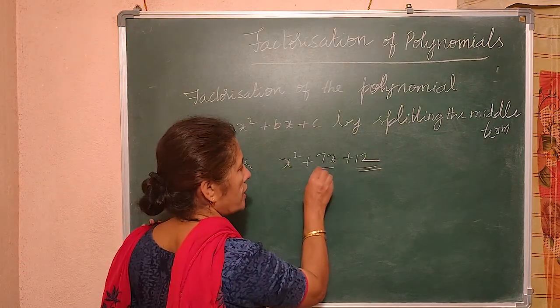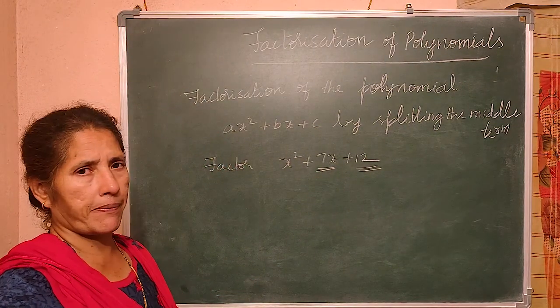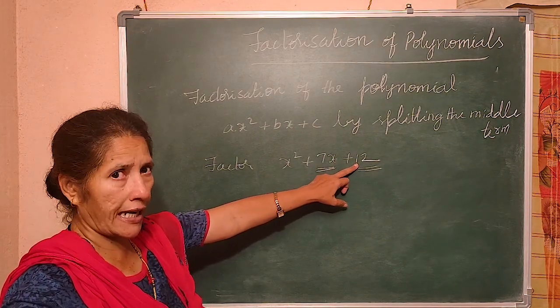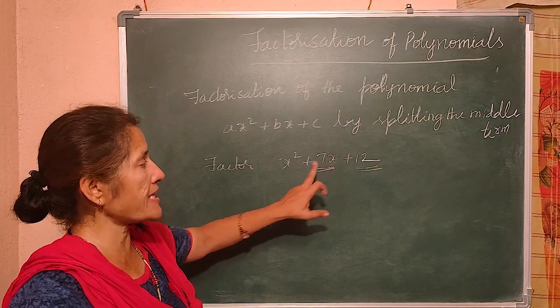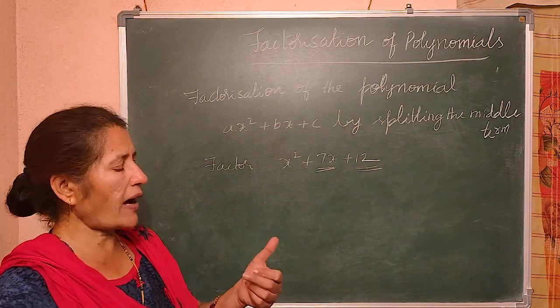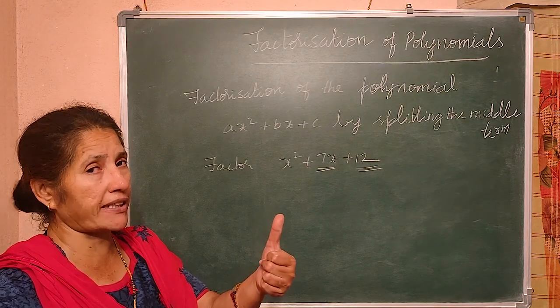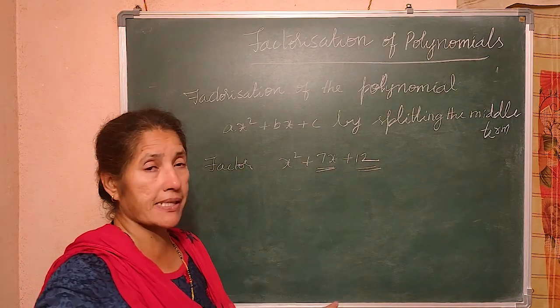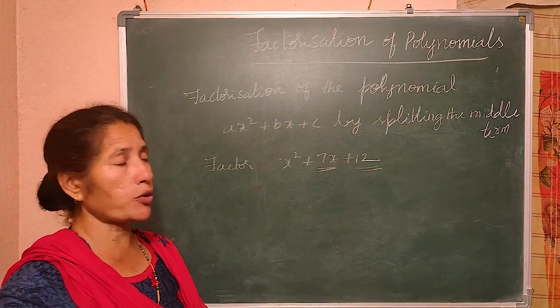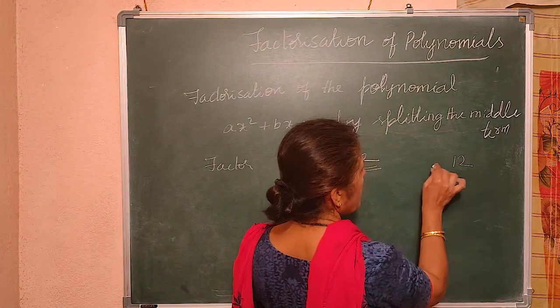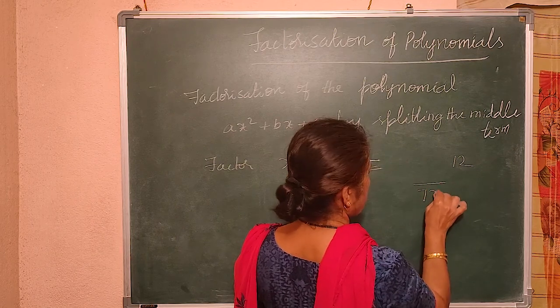The middle term should be the sum. So you have to think of the factors of 12 such that the sum is 7. You know 12 ones are 12, but 12 and 1 when you add it will be 13. Both are plus. 3 fours are 12. See, the product has to be 12. Sum has to be 7x.